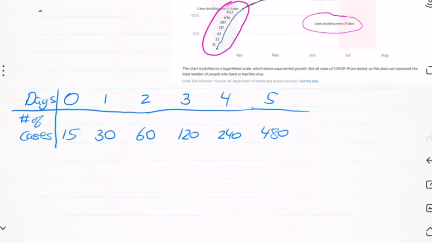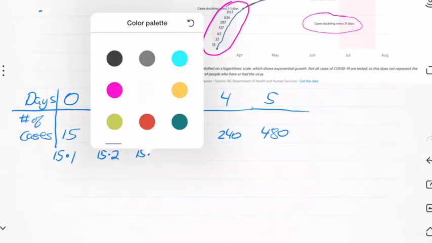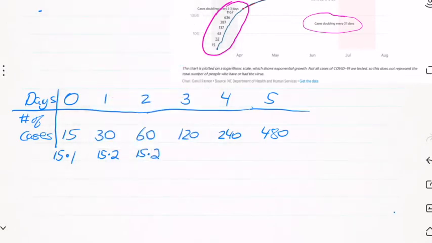All right, so one thing that I can steal from each one of these numbers is a factor of 15. So if I factor this out, it becomes 15 times 1, and then this one is 15 times 2. 60 is actually 15 times 4, but I can write 4 as 2 squared. 120 is 15 times 8, which is 2 cubed. 240 is 15 times 2 to the 4th.